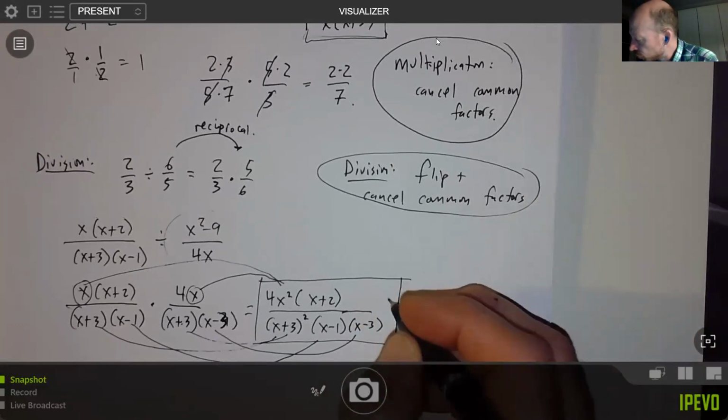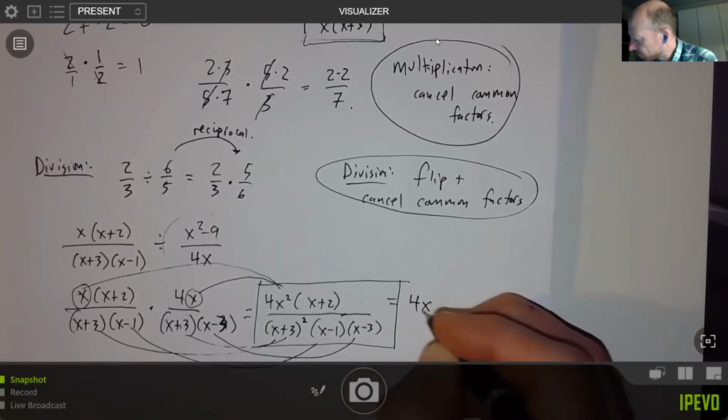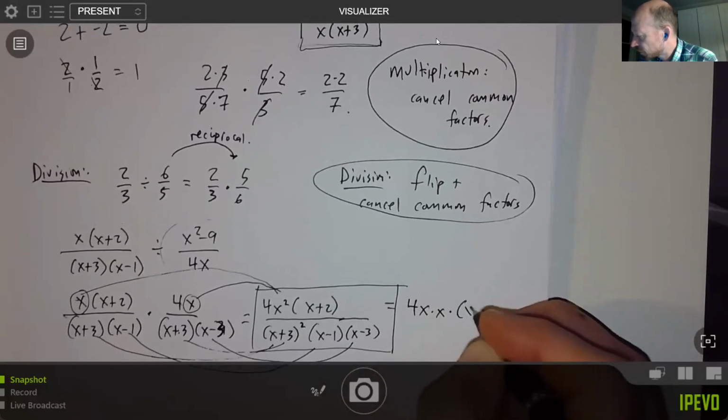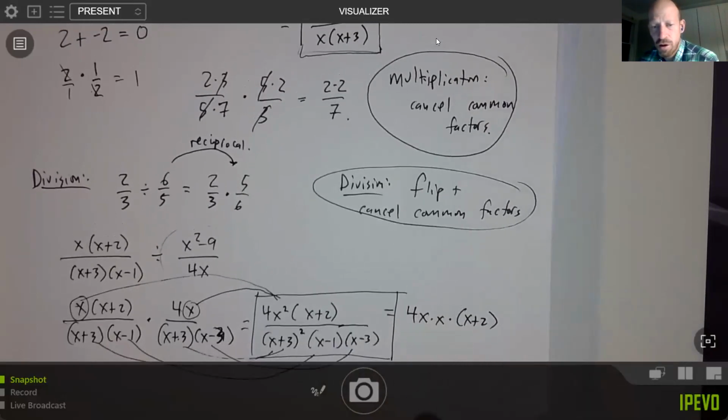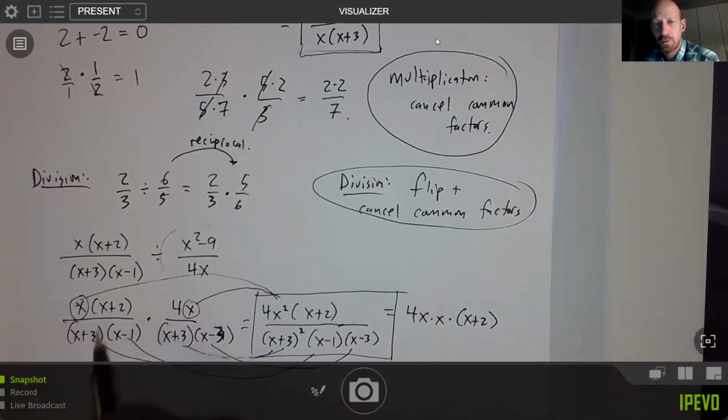I mean, you could write this as 4x times x plus 2. There's nothing wrong with that. That's also a good answer. When I multiply those together, I have a 4 and an x and another x and an x plus 2.